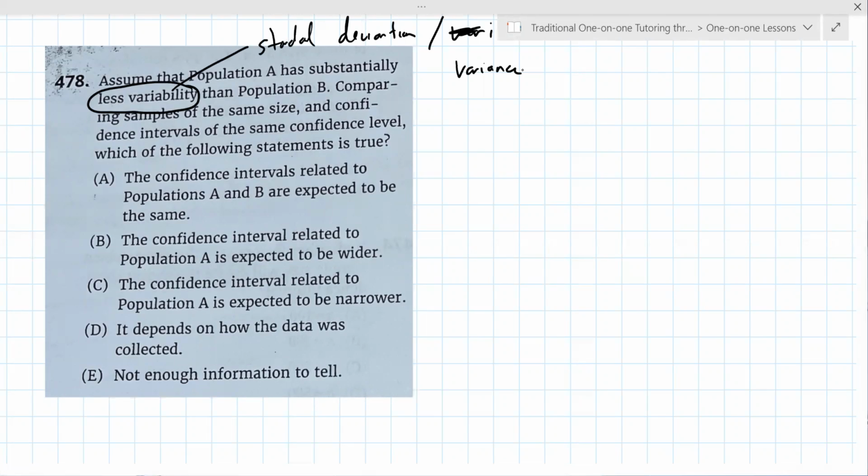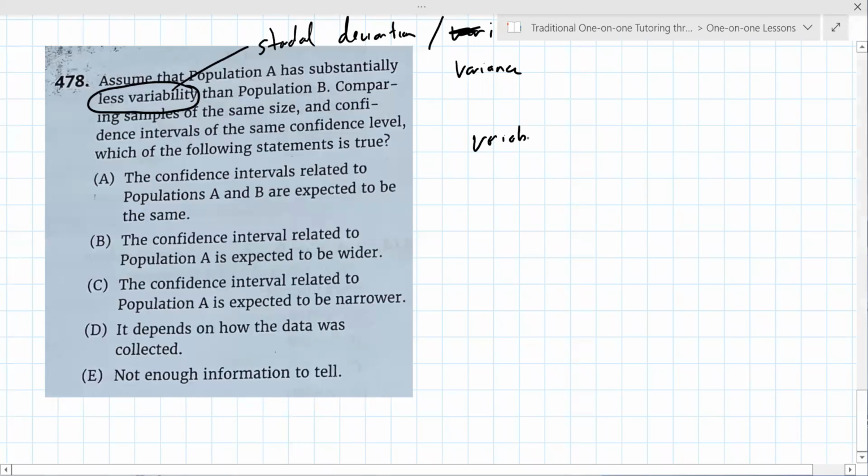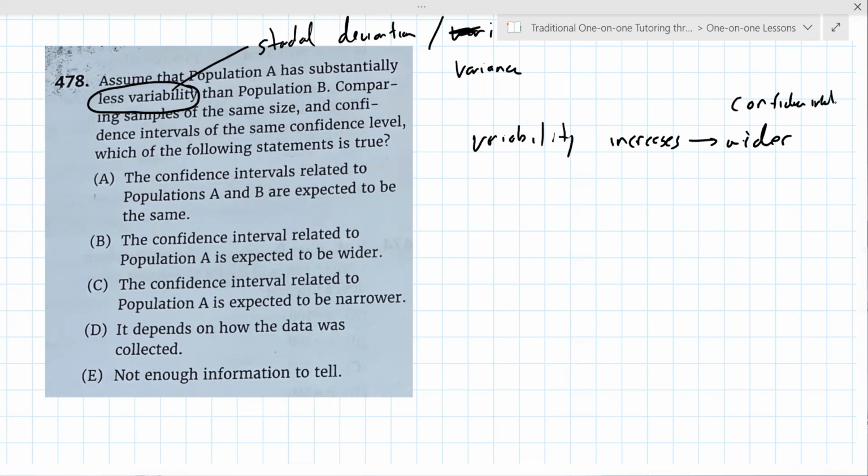Okay, so here's how it works. As the variability increases, the width of the confidence interval becomes wider. And the reason is because when there's more variability, there's more uncertainty. You're like, wow, there's a wide range of numbers that this value could take on.